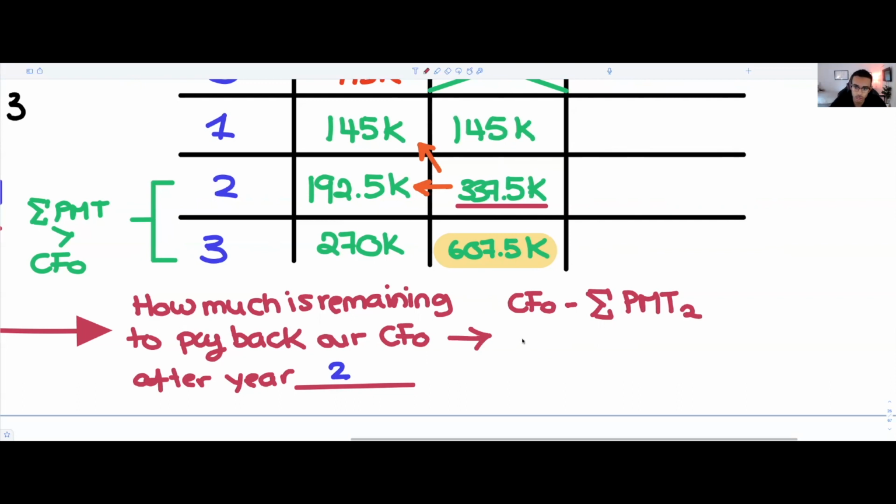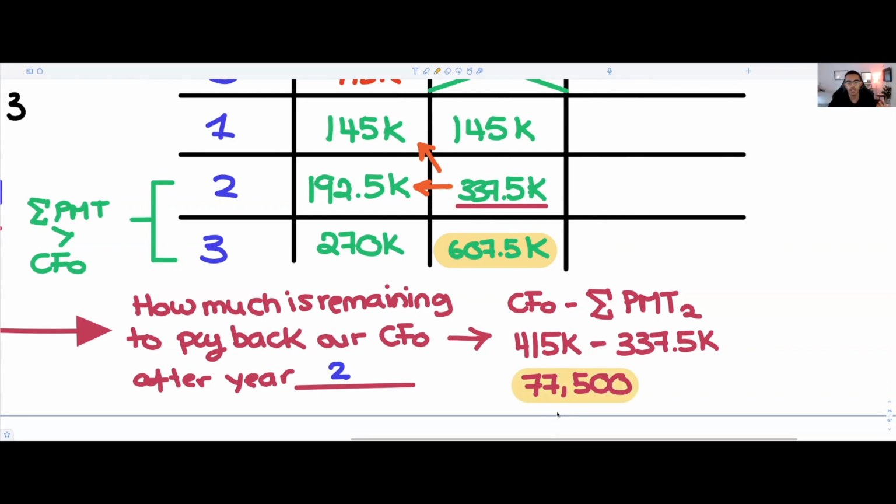Okay, so in this case, you're going to have $415,000 minus 337.5K. And if you do your math, you're going to notice that the difference between the two is 77,500. That's how much we're missing to be able to pay back our original investment, right? For our original investment to be equal to the sum of all the cash flows we made into this project.